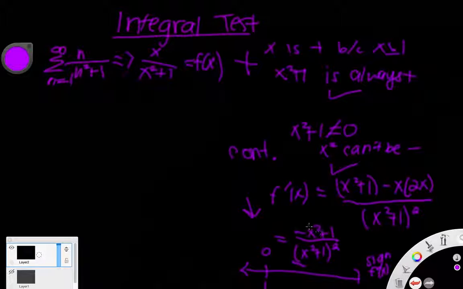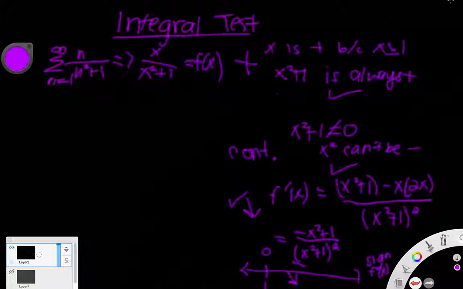So basically it's going to be a positive number times a negative number plus 1. And since x is greater than 1, we already know that this negative number is going to overpower this 1. So negative over positive is negative. So it's going to be negative whenever x is greater than or equal to 1, and therefore we've proven that this is decreasing, because if f prime of x is negative, that means the behavior of f of x is decreasing. So we've checked off that requirement as well.